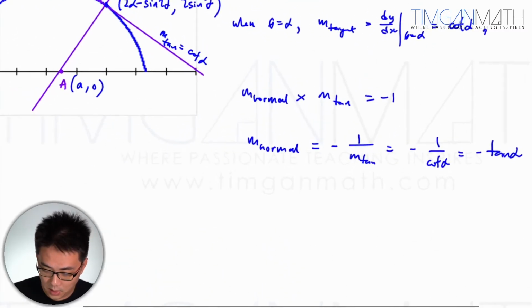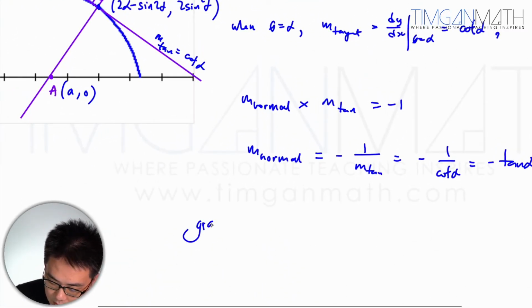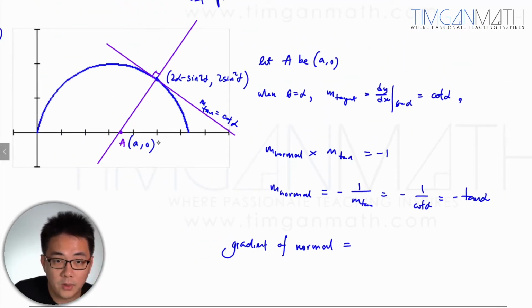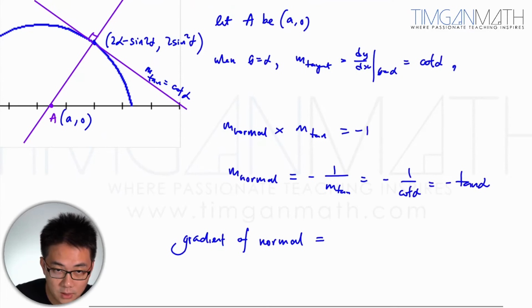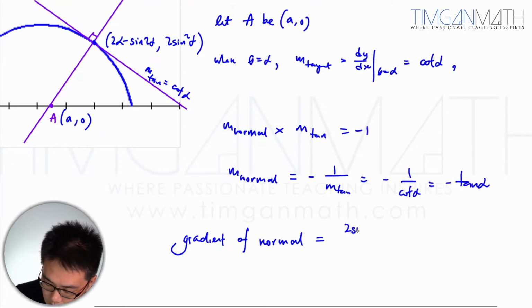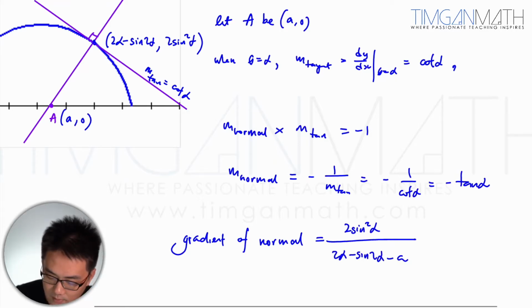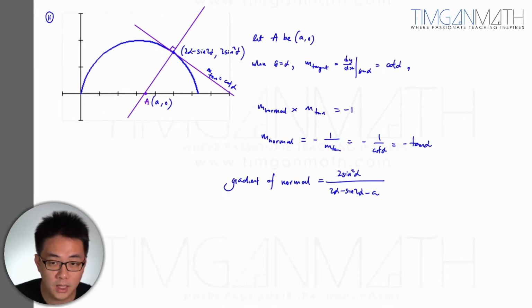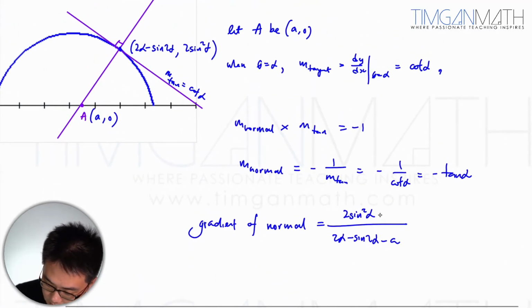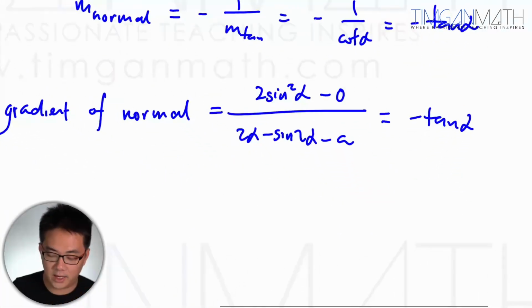So the gradient of the normal would be (y1 minus y2) over (x1 minus x2). So I'm just going to put 2 sine square alpha over 2 alpha minus sine 2 alpha minus a, and I want to find a, equal to negative tan alpha. Oh, it looks like a handful, right?